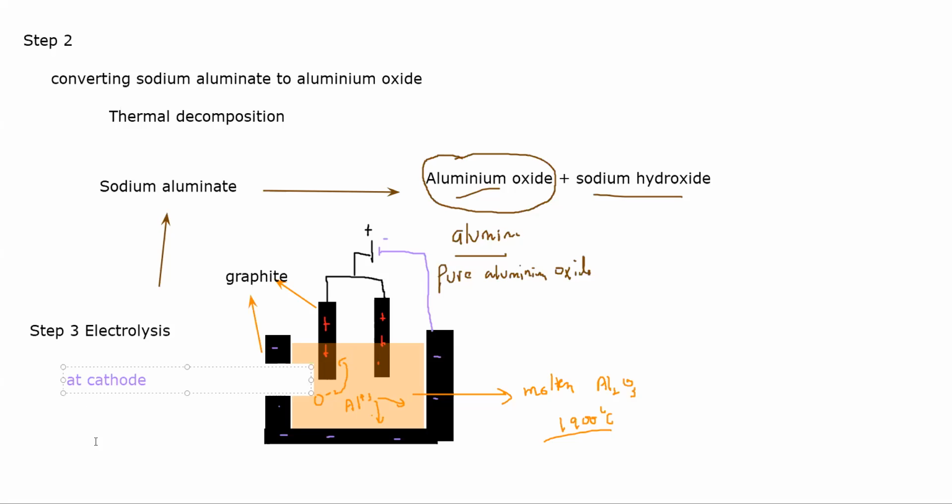The aluminum ion, whose charge is +3, is attracted, takes 3 electrons and changes into aluminum metal. So we'll have aluminum deposited at the base or the walls. And what about at the anode? What will happen at the anode?